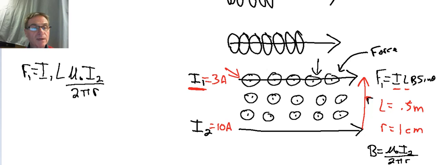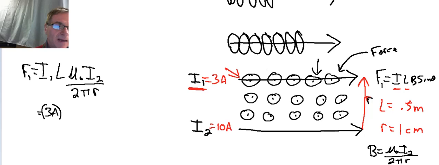Okay, so now we're at a point where we can simply plug in some numbers. So let's do that. So let's see, what do we have for I1? Well, I1 we've said is 3 amps. Okay, and L is, what did we say L was? It is 1/2 meter.